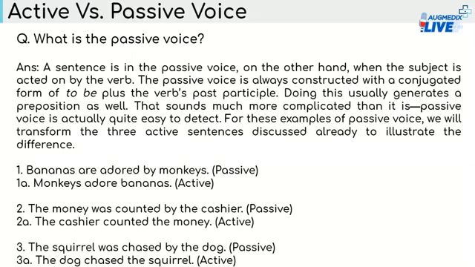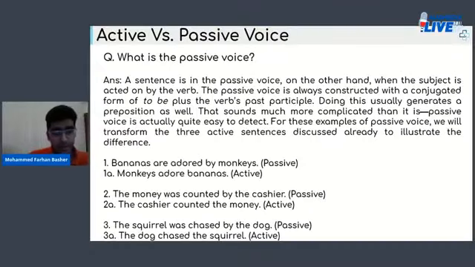Now, follow this. The subject changes in the passive construction, and the word that was the object in the active construction is now the subject in the passive construction. Do you follow? Such as the word bananas was the object when the sentence was in the active voice.